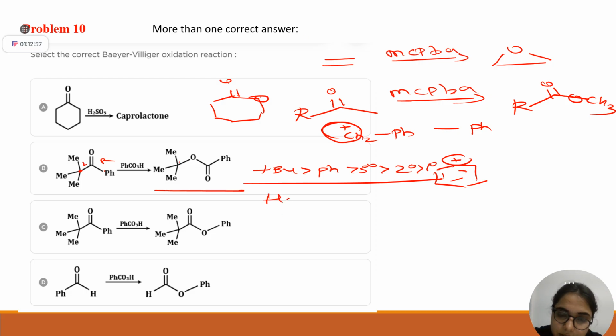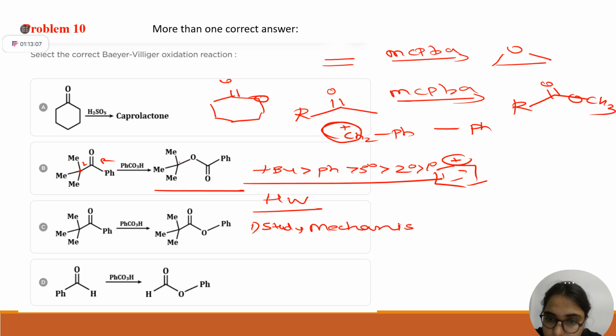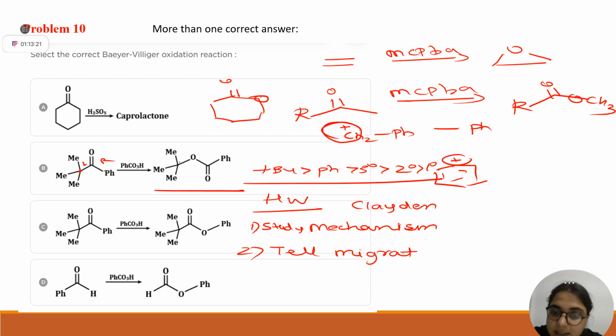Homework for you is to study the mechanism for Baeyer-Villiger oxidation. You can read it from Clayden. Another thing, learn the migratory aptitude order. See, in carbocation it is easy.